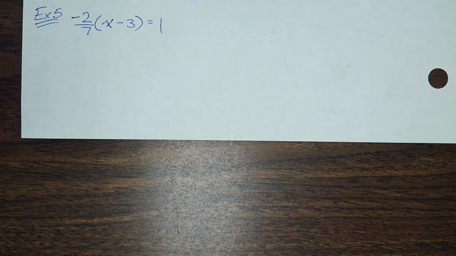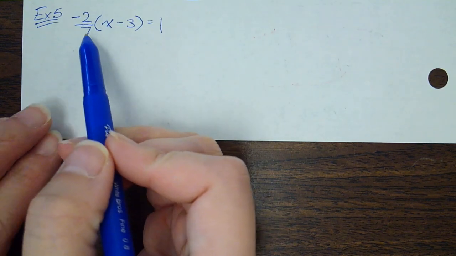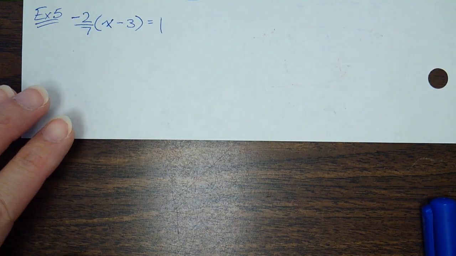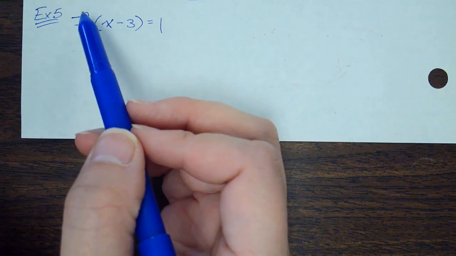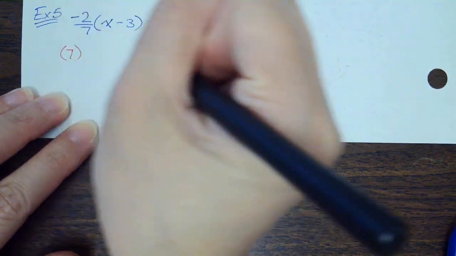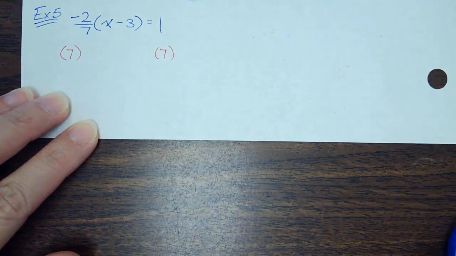Yeah, 7. There's only one denominator. So I'm going to just multiply everything by 7. I'll still write it out. So multiply this by 7, multiply this by 7.